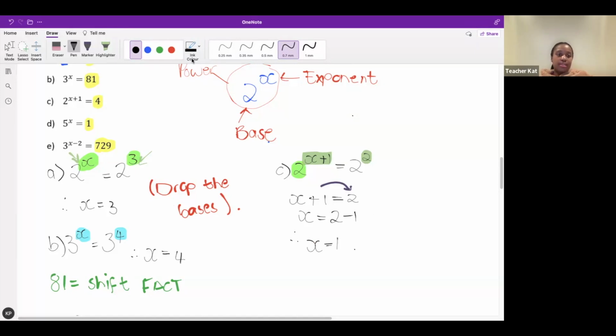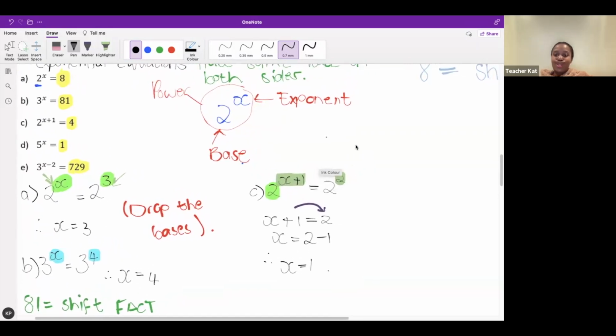Alrighty, guys. Now, D is going to be challenging a bit because you can't use your calculators. That whole shift fact is not going to work for D. Why is it not going to work, guys? I want my right-hand side to have a base of 5. If I want my right-hand side to have a base of 5, what is my exponent going to be?